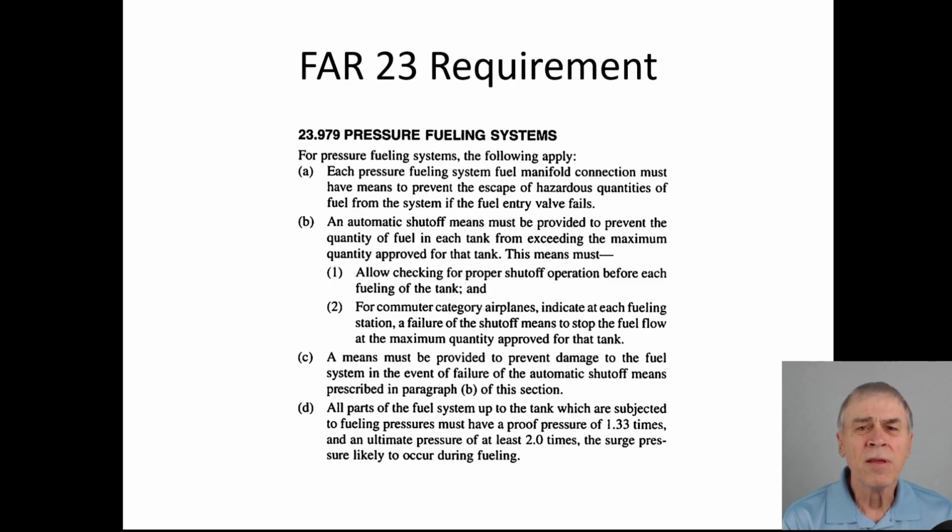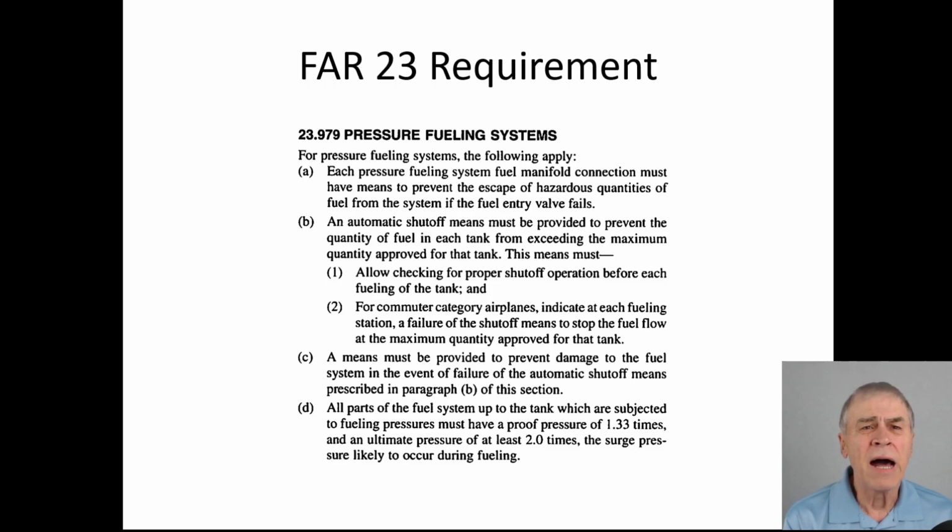This means must, 1, allow checking for proper shutoff operation before each fueling of the tank. And for commuter category airplanes, indicate at each fueling station the failure of the shutoff means to stop the fuel flow at a maximum quantity approved for that tank.